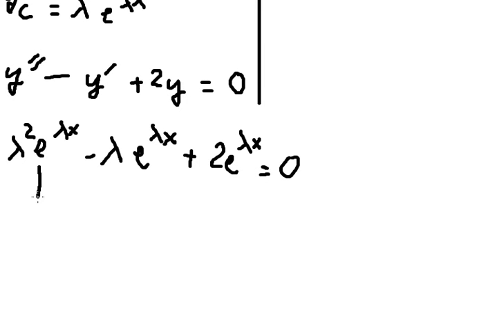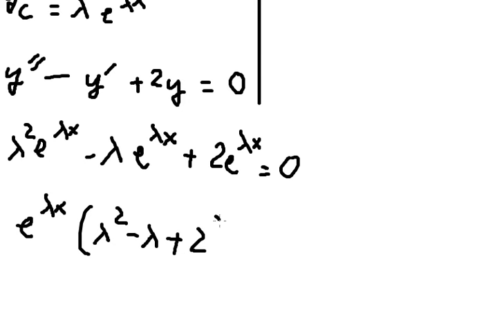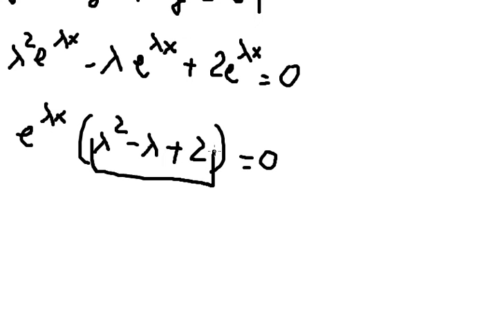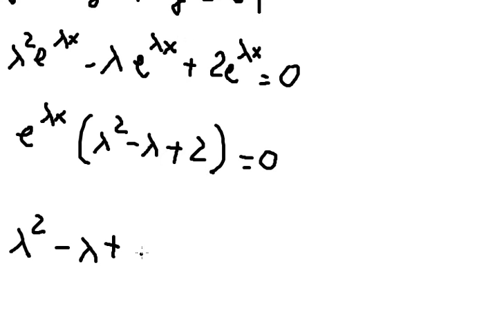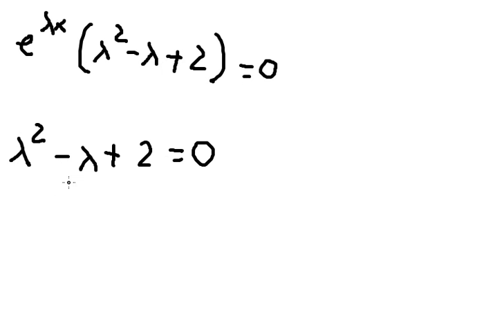So e to the power of lambda x, we can do factorization. So I will put this one equals number 0. Now we need to find the solutions of this one.